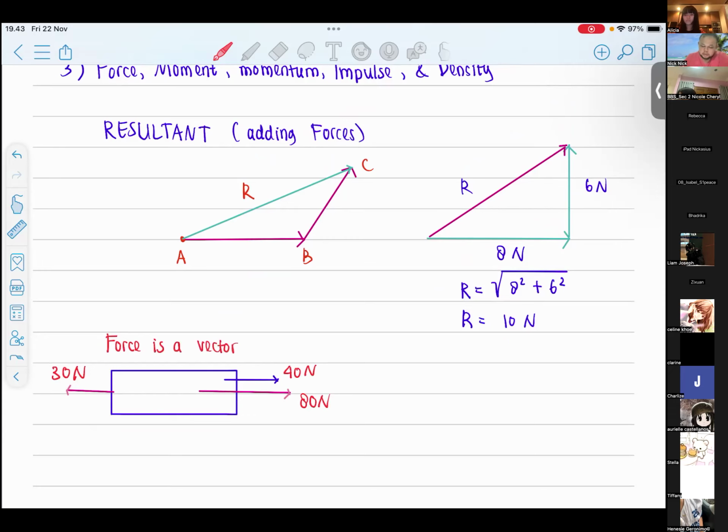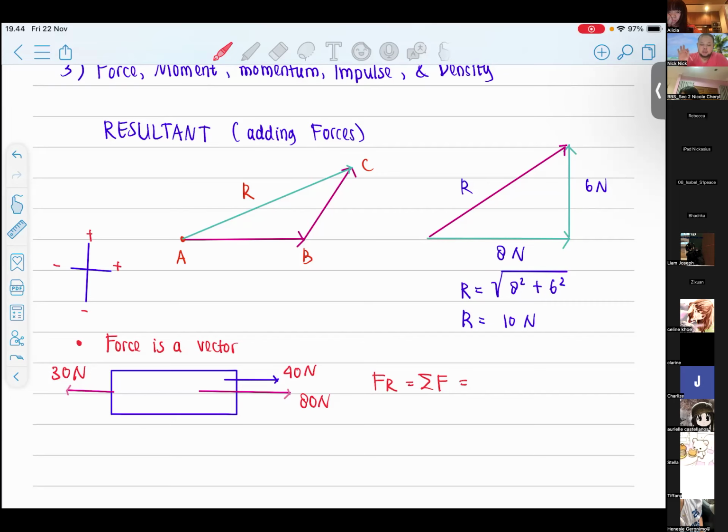This is really important. So the resultant Fr, or we can say sigma F, equals: going to the right is positive. Using the Cartesian rules, going to the right is positive, going up is positive, going down is negative, going to the left is negative. But that is only when there is no weight.